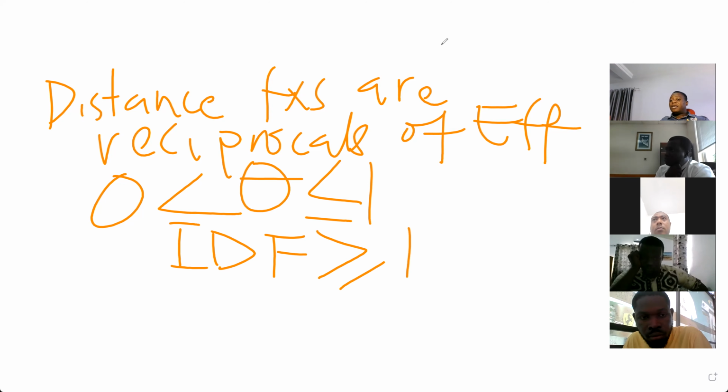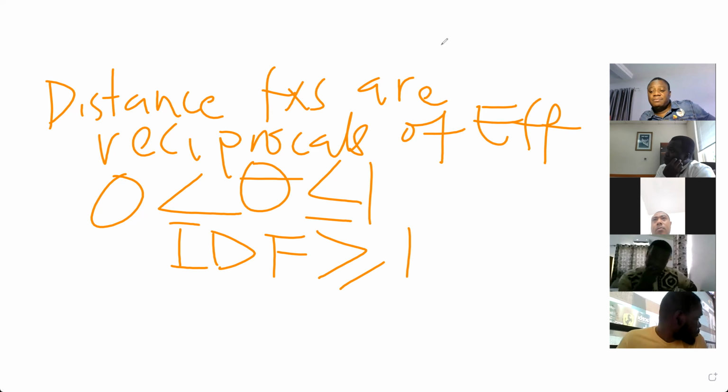If you are doing the distance function, everything will be opposite. The technical efficiency is distance to the frontier divided by distance to the firm. If you are doing the distance function, it will rather be distance to the firm divided by distance to the frontier. Does that make sense?